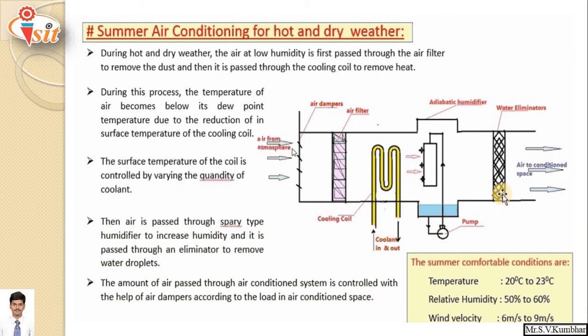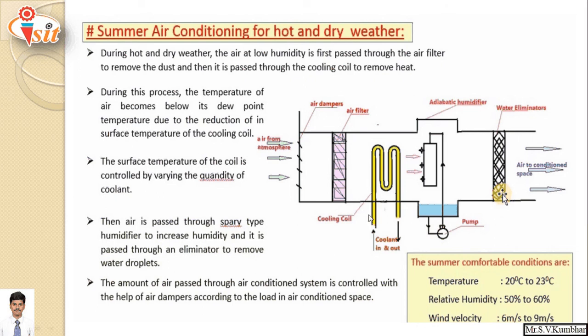During hot and dry weather, the air at low humidity is first passed through the air filter. So first taking it through the air damper, the air is passed through the air filter to remove dust or any unwanted particles present in it, and then it is passed over the cooling coil to remove heat.